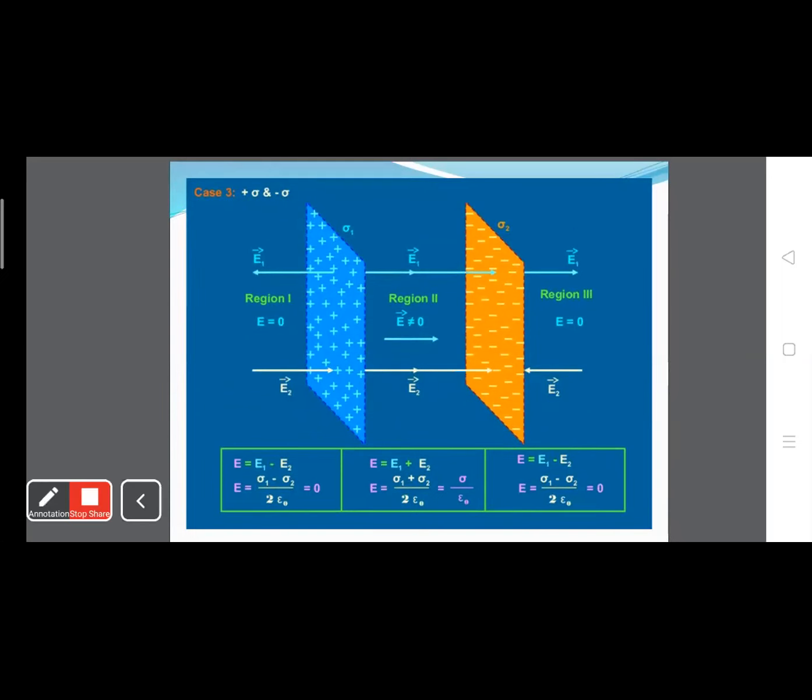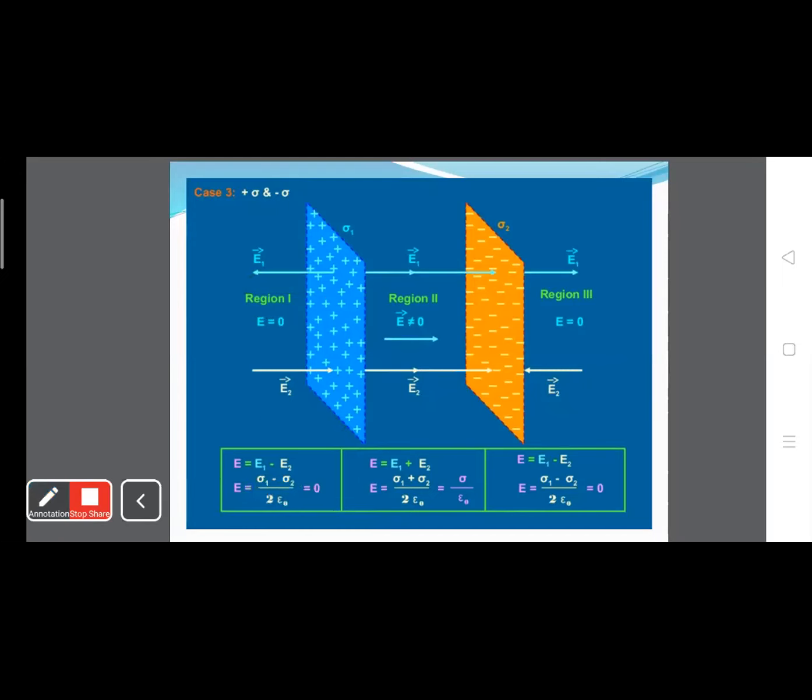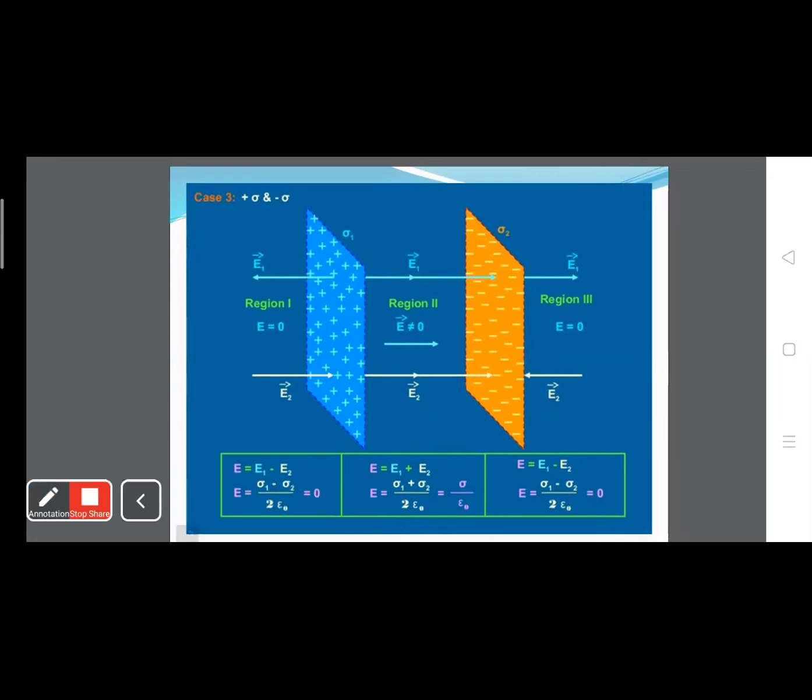So we have to find the electric field in region 1, in region 2 and also in region 3. So for solving this, first we have to draw the electric field lines direction. For the first region, the electric field due to the first plate, that is the positive plate, is in this direction, and due to the negative plate in the opposite direction. So the electric field in region 1 will be equal to E1 minus E2.